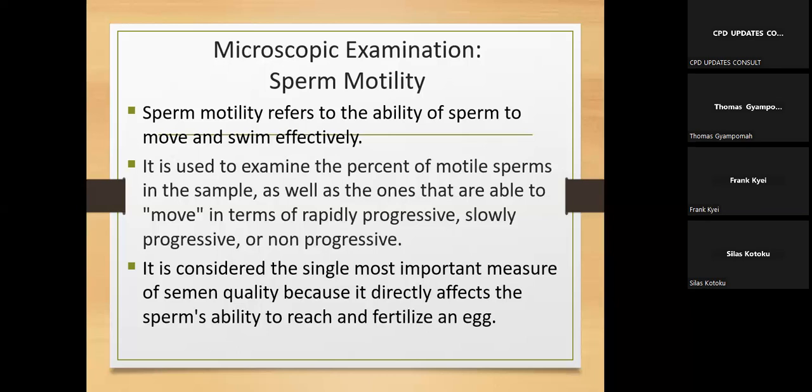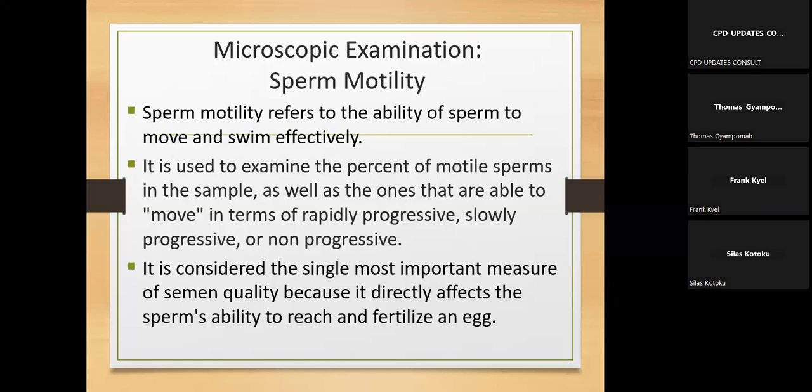So even if you have some sperms that could be described as almost stationary, they are just at one point shaking their tail, not making any movement at all, yes, they are still part of the motility.